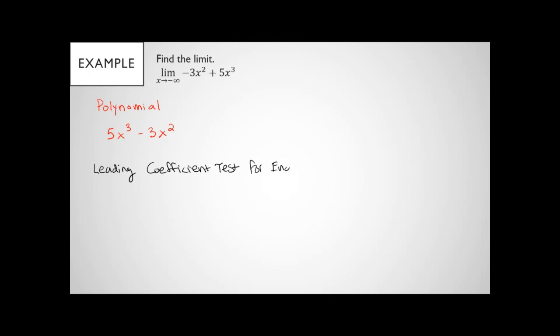and the reason why we're doing this is that because we've got this polynomial and x is going to negative infinity, this is telling us that we are looking at end behavior. If it asked for x going to 5, I'd maybe make a table or plug in the value.